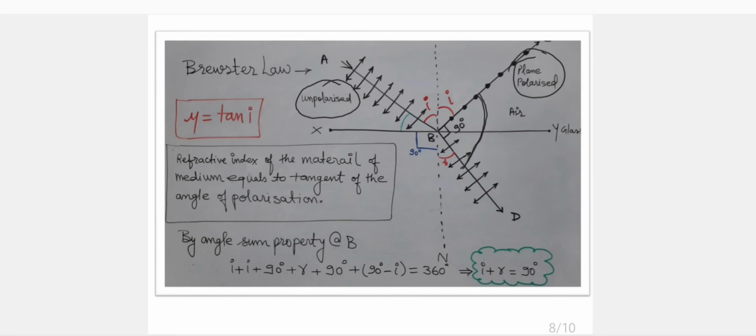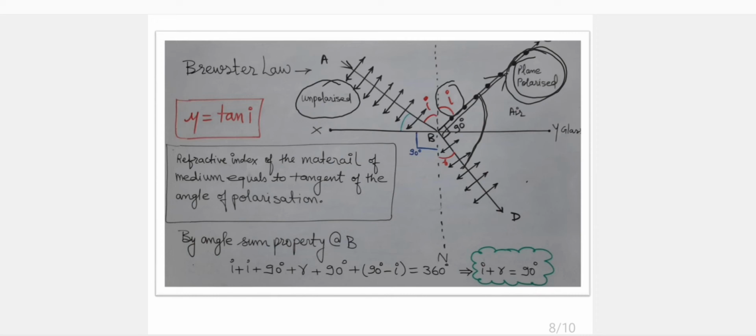Here it was observed that the reflected light is plane polarized light, and the angle between the reflected light and the refracted light is 90 degrees. In that case the refractive index of this medium equals the tangent of the incident angle. So in general this is the Brewster law.